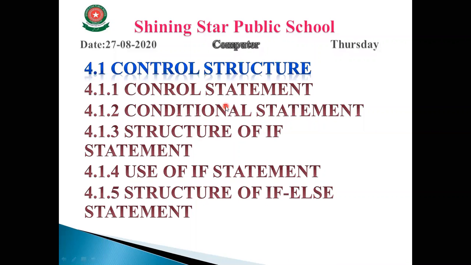What is a computer program? A computer program is a set of instructions written in a programming language for the solution of some particular or specific problem. It means we write a computer program for a specific purpose.